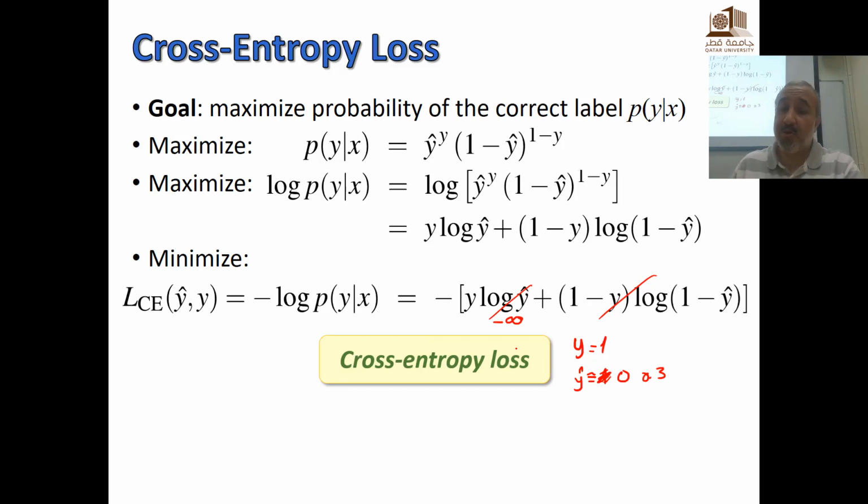So that's a loss function, and it's called the cross-entropy loss function. If you remember, I think we touched quickly on entropy in decision trees. Entropy was one of the criteria.